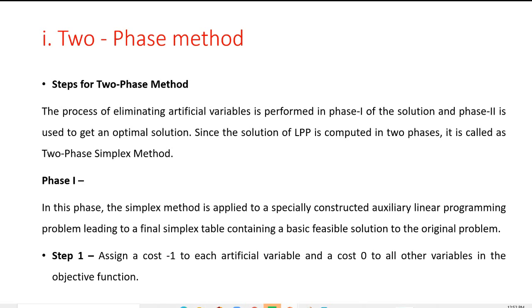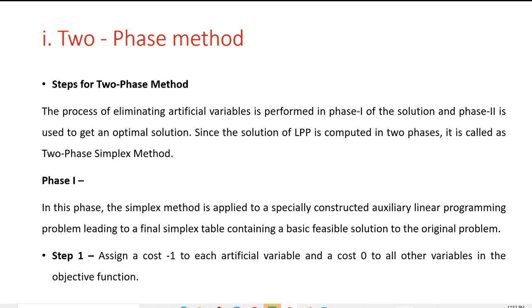So why are we using the artificial variables in the two-phase method? If the equation is of greater than or equal to type, in that case we use surplus variables with artificial variables. But in the simplex method we use slack variables only. Why? Because in the simplex method the equation is in the form of a less than or equal to sign.